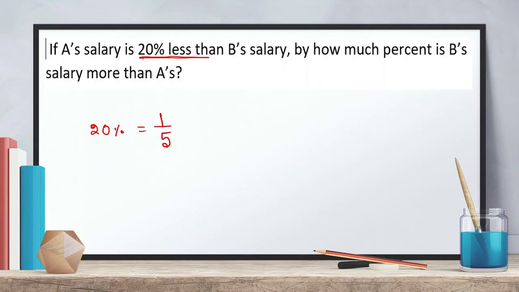So you remember I told you whatever is in the denominator is the original value, and whatever is in the numerator is the increment or decrement. So 5 is the original value, that means 5 is B's salary.